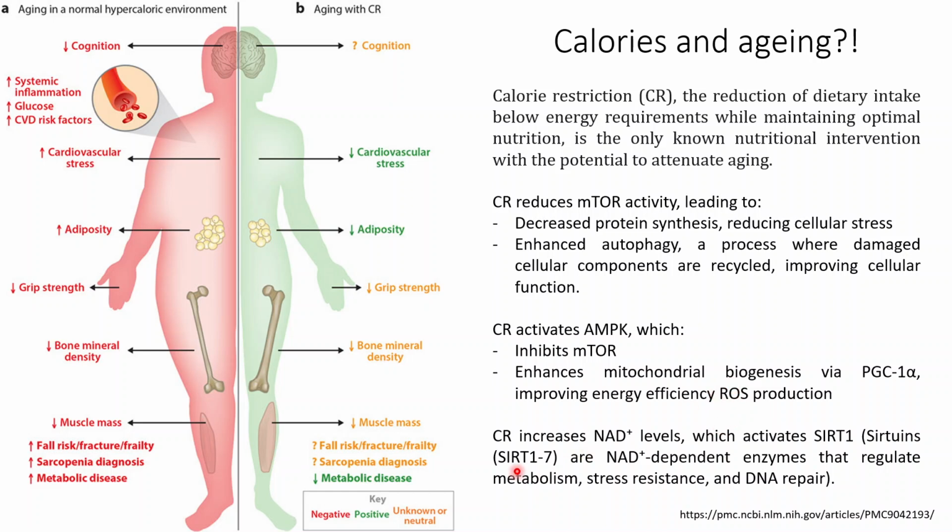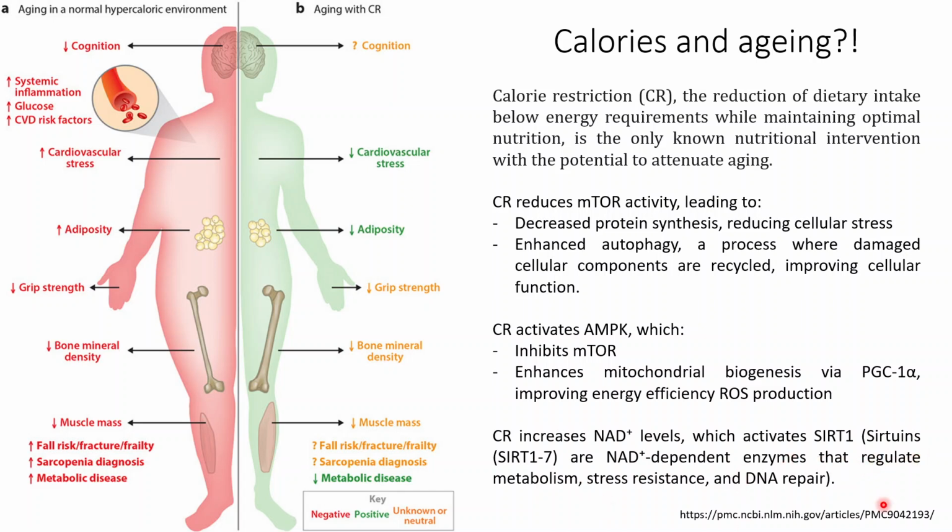Yeah. And of course, you guys have heard about sirtuins, right? People try to boost sirtuins by eating superfoods, saying sirtuin boosting foods like chocolate and grapes and wine and whatever. So the sirtuins are of great interest in the aging field. So calorie restriction has been shown to increase NAD plus levels, which actually activates SIRT1 because it's an NAD plus dependent enzyme. I think it's a deacetylase or something.